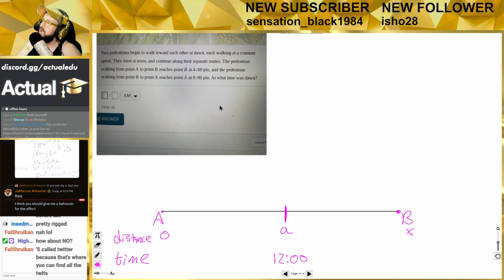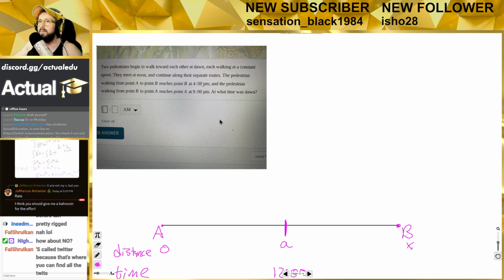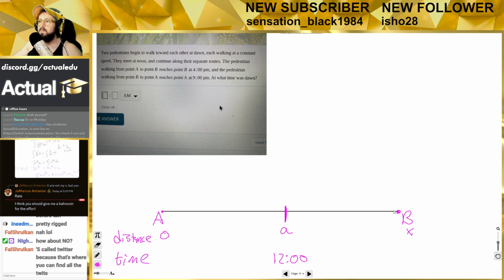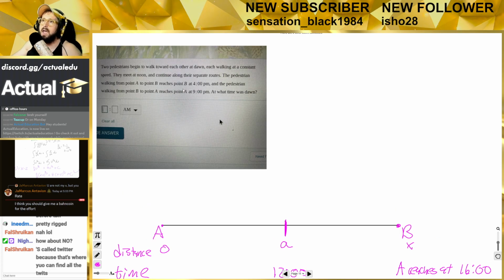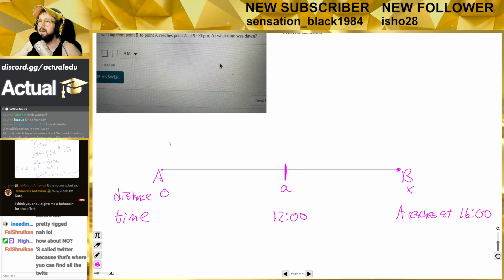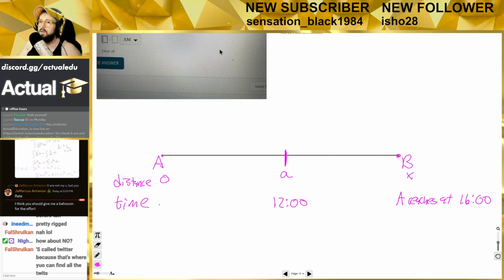I'm gonna use military time too, by the way, because this does not work if I use AM and PM. The pedestrian walking from A to B reaches point B at 4 p.m. Okay, so A reaches B at 1600 hours. And the pedestrian walking from B to point A reaches A at 9 p.m. So that's 2100 hours.